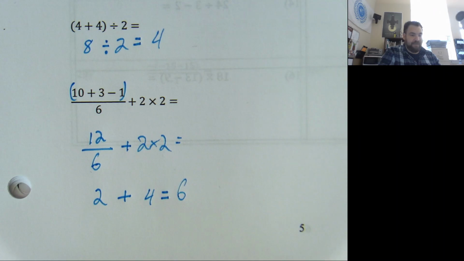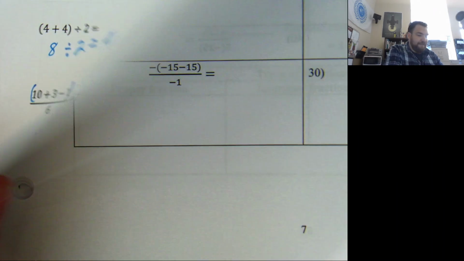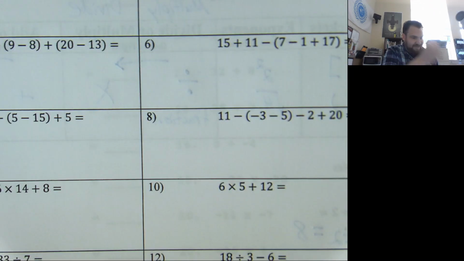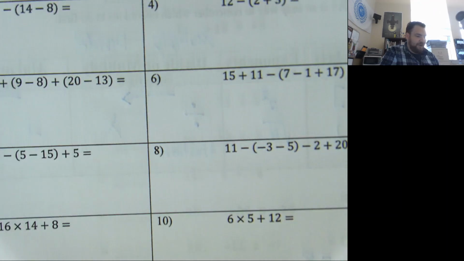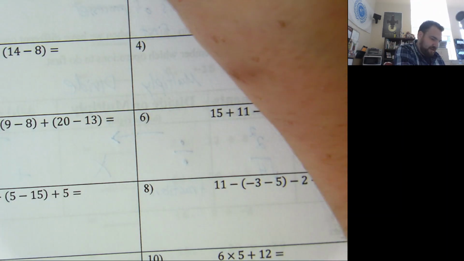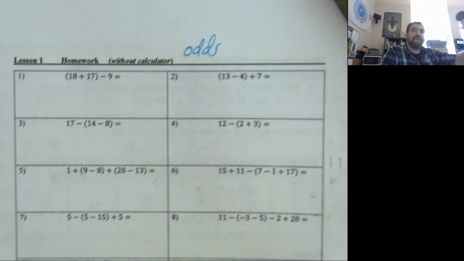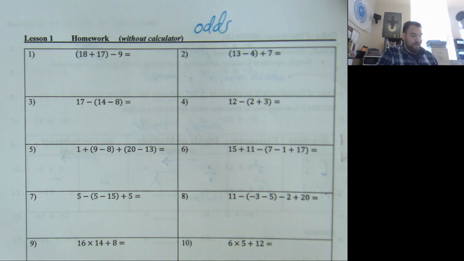Here's what I want you to play with. Flip the page. There are 40 questions on the next 3 pages. Yeah, 40 questions. I'm going to assign the odds today. And that is how we're going to end the last 15 minutes. So if you haven't finished the multiplication division stuff, go back, finish that.